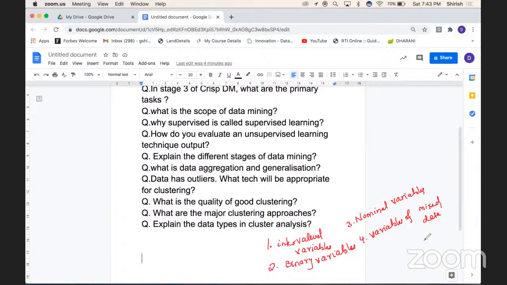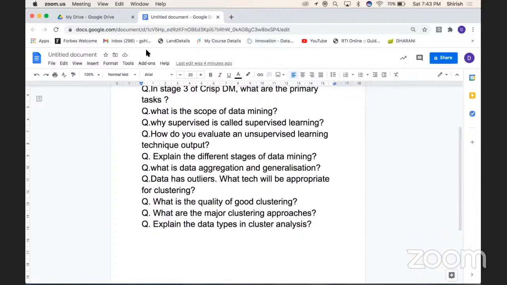Okay. We will discuss clustering first, and then we'll go for the distance calculations also. Then my next question would be: we have understood the major clustering approaches, right? So I would like to know, what are the types of hierarchical clustering?